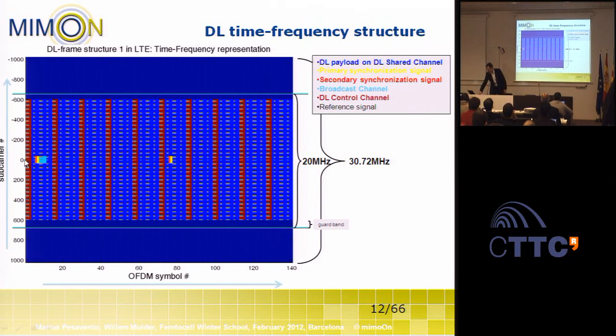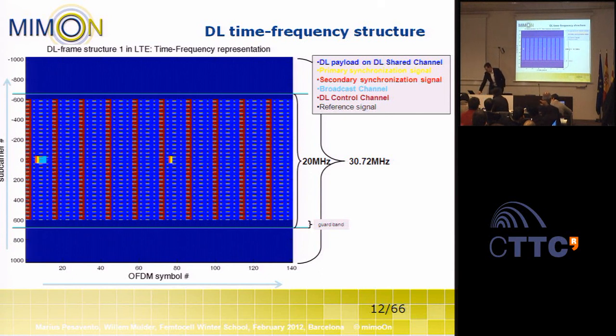We see here the synchronization sequences around the DC. These primary and secondary synchronization sequences are here and also here. This can be used by the user equipment to synchronize to the radio frame and also to roughly synchronize the carrier offset.